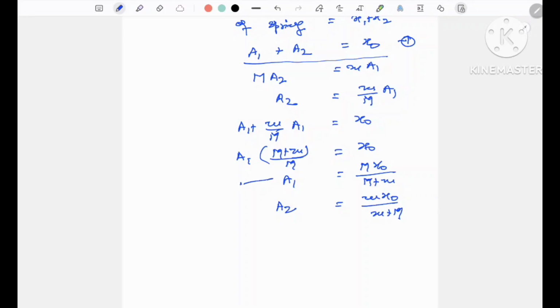So this is the amplitude of the block, A1, and this is the amplitude of the car.